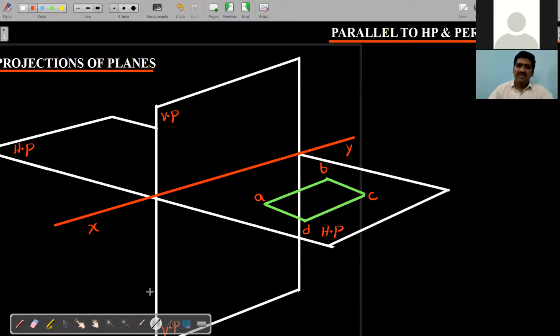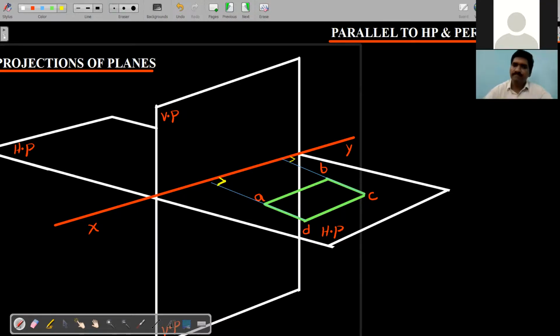Okay, and if you just draw the projector lines in this way and in this way, can I say 100%, all of you, that this angle will be 90 degrees or not? Check, all of you. 90. It is definitely 90.